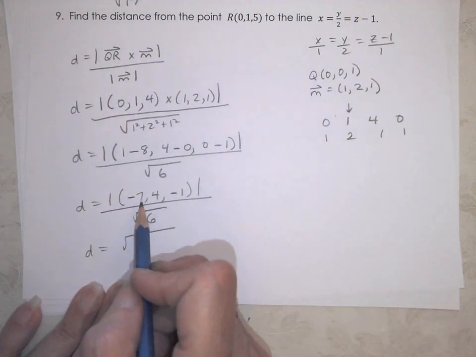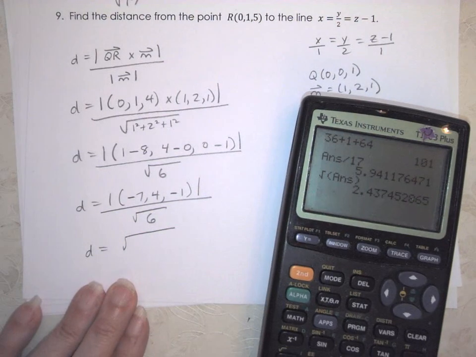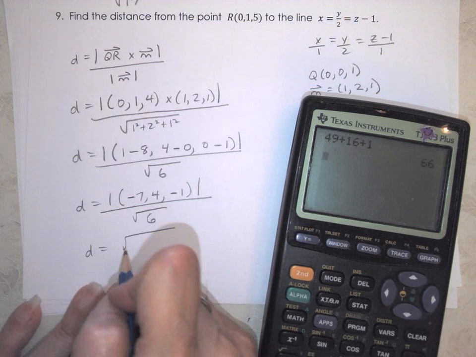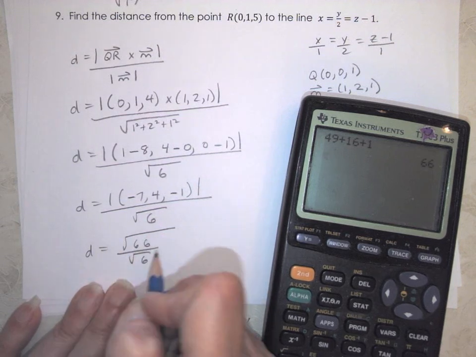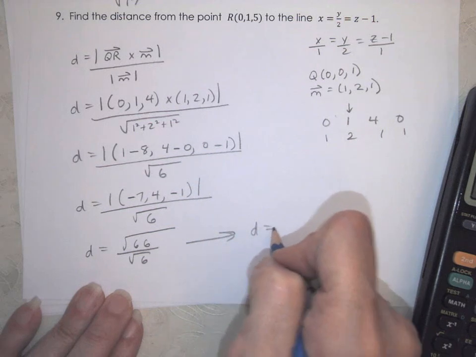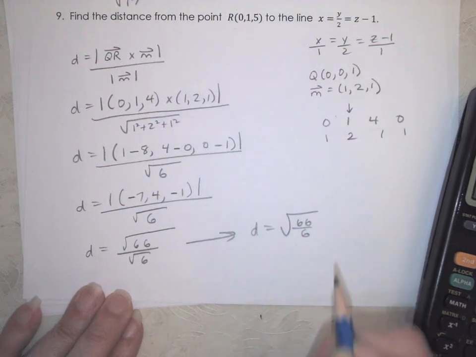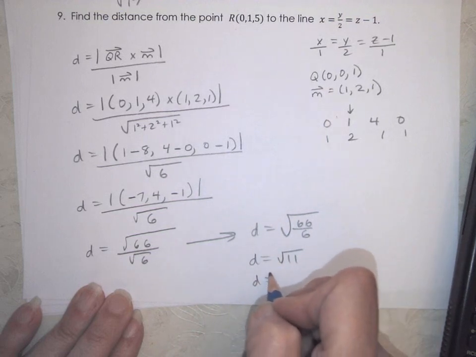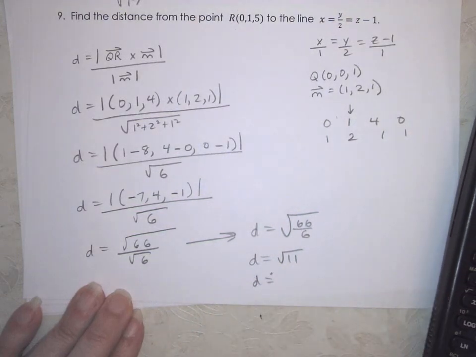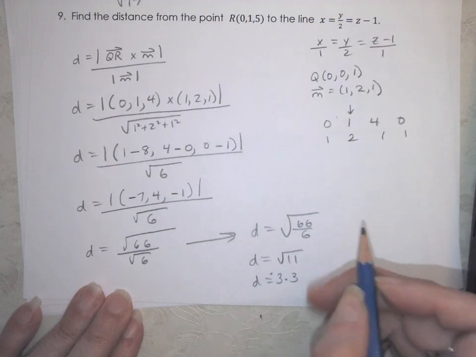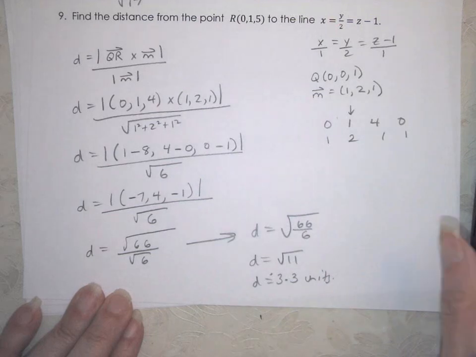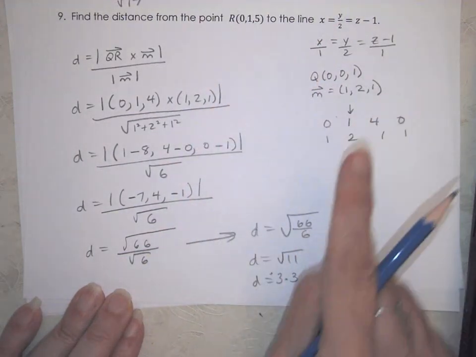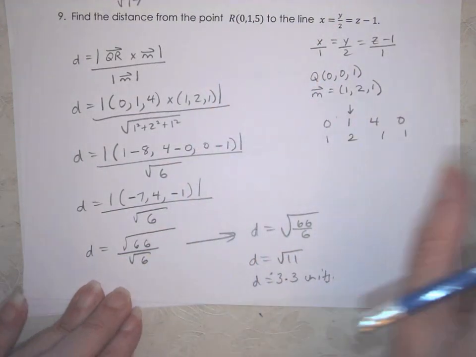So that's going to give me the square root of 49 plus 16 plus 1, which is 66, over the square root of 6, which is the square root of 66 over 6, which is the square root of 11, or approximately 3.3 units. So the shortest distance from the point R to this line would be approximately 3.3 units.